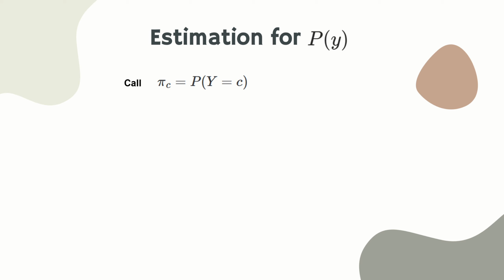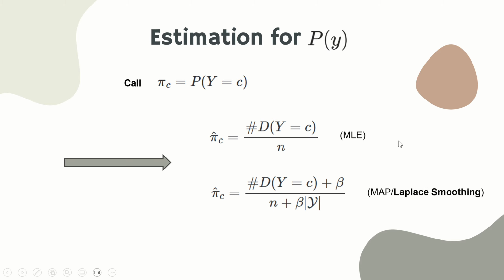There are two main ways that we can do it: MLE or MAP. MLE is just you take all the data points that have the label c divided by the total number of data that we have. Just really simple.